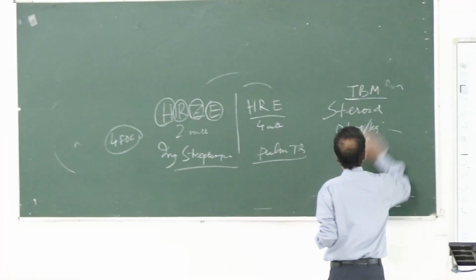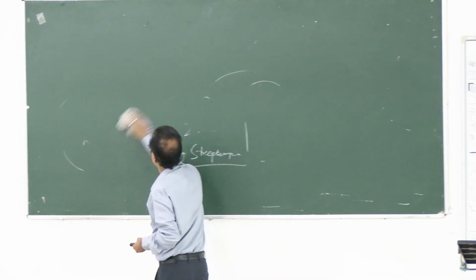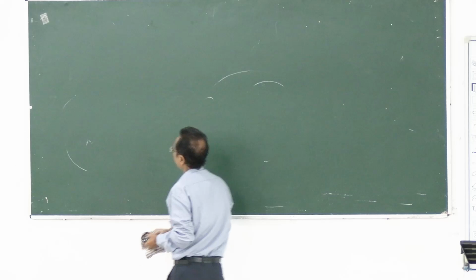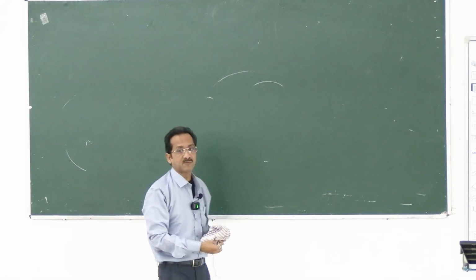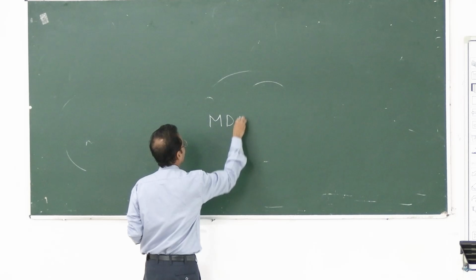Now, what are the types of drug resistance? Previously, there were only two types of drug resistance, MDR and XDR.